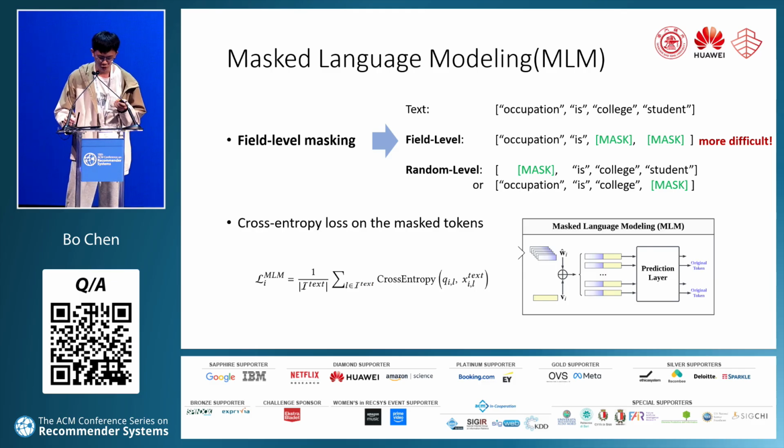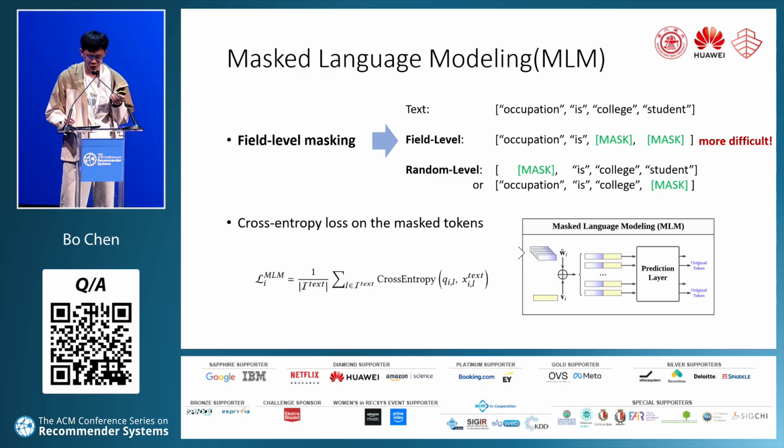And the optimization loss is the cross entropy loss computed on the masked tokens.